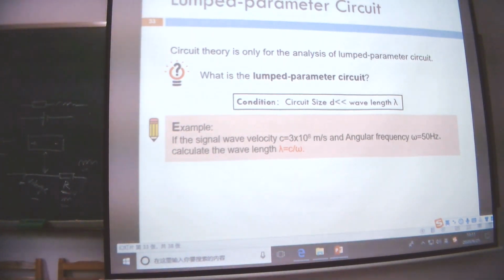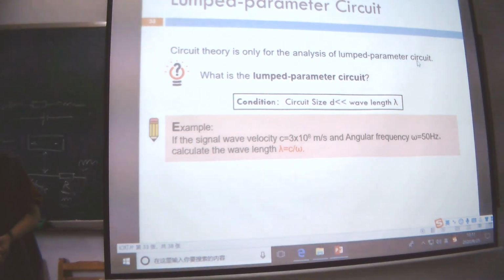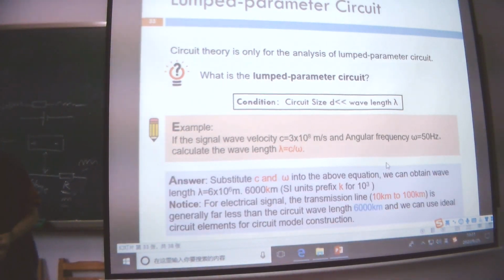Do you know? 6 gigameter. This is lambda, the wavelength. You can calculate it. I put the equation here, and after calculation we find for our power system, which is working at 60 Hertz.